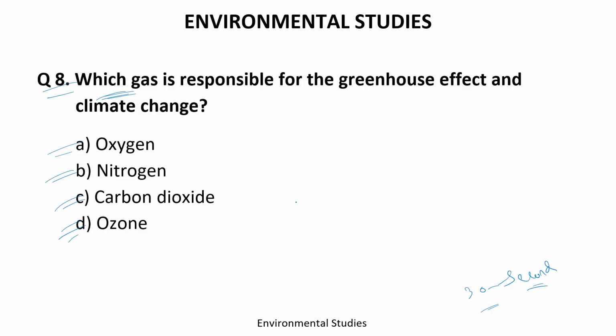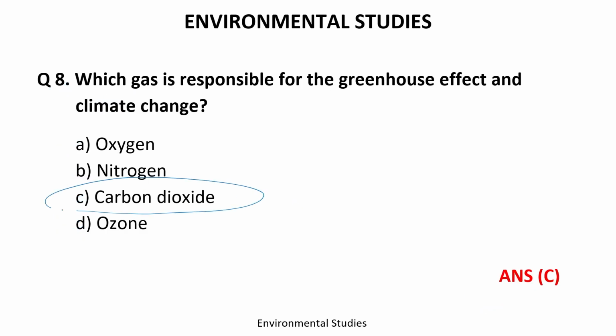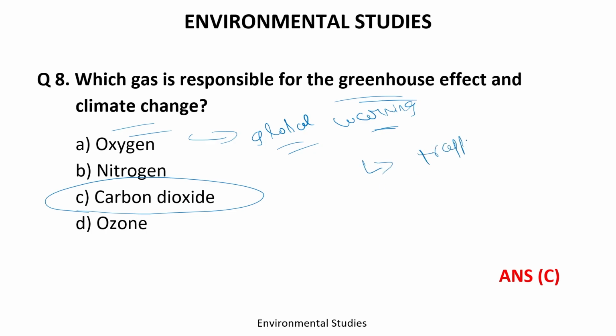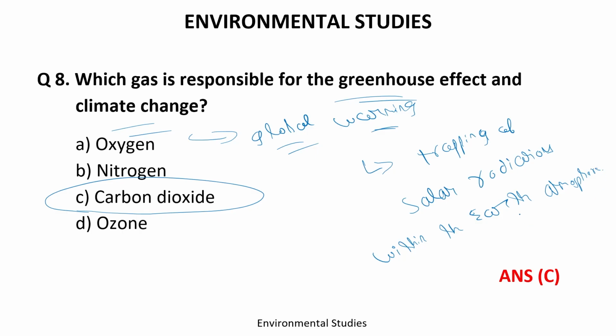Basically, the greenhouse effect and the climate change gives rise to the global warming, which generally happens due to the trapping of solar radiations within the Earth's atmosphere.